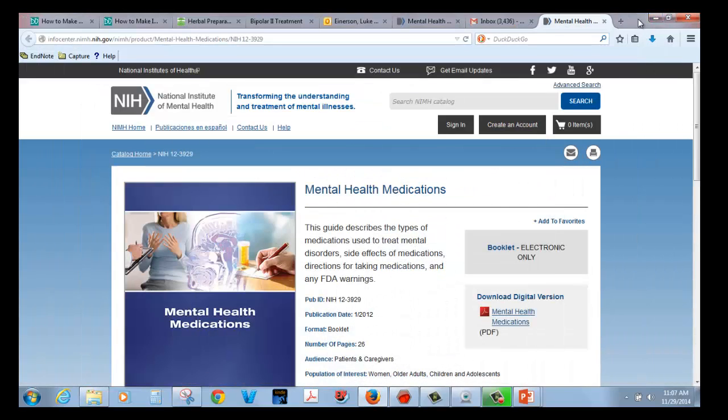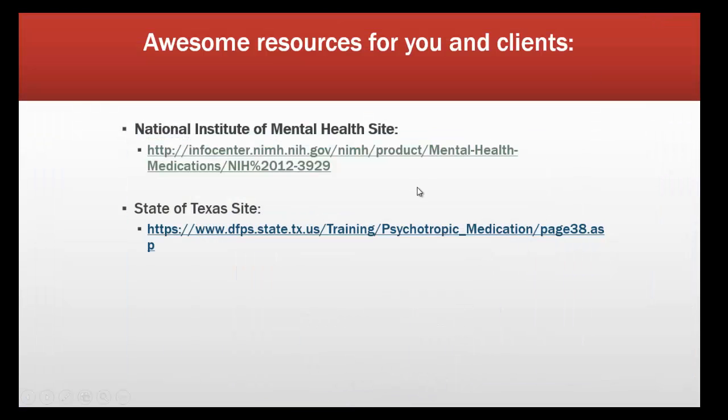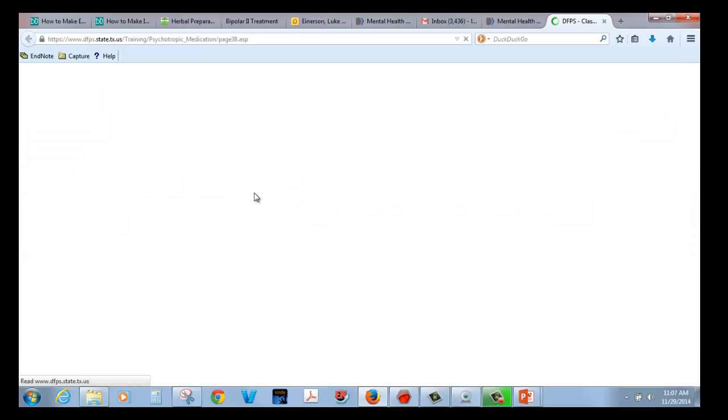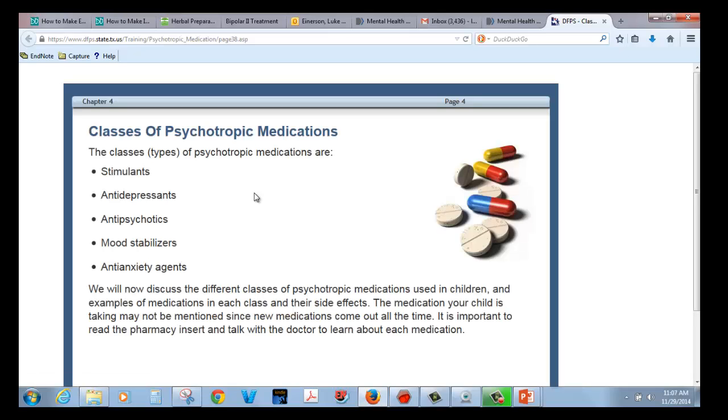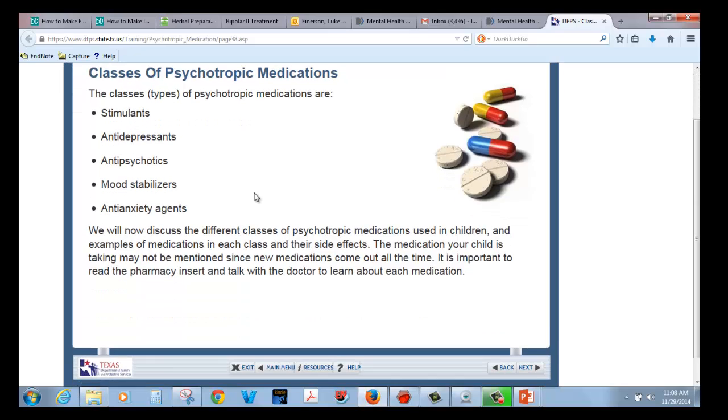And then the second one is from this good old state of Texas where we're at, which is really maybe a condensed version of that. It goes through examples of each of these types of medications. I think the first one is stimulants, so ADHD.